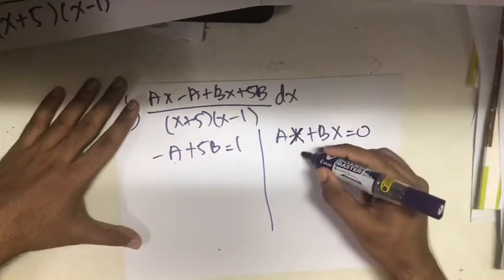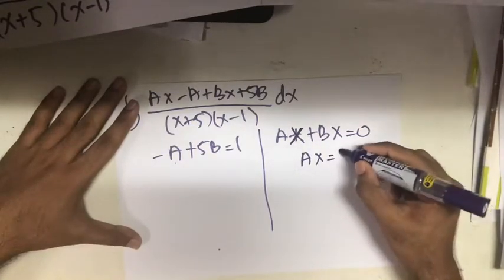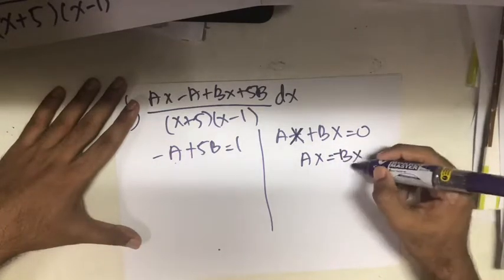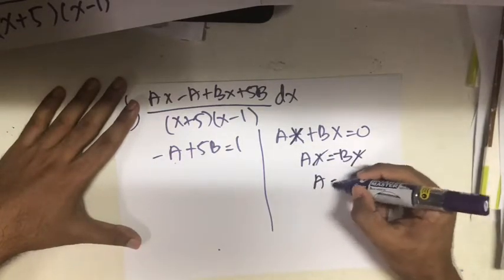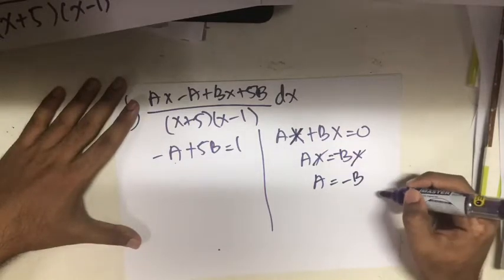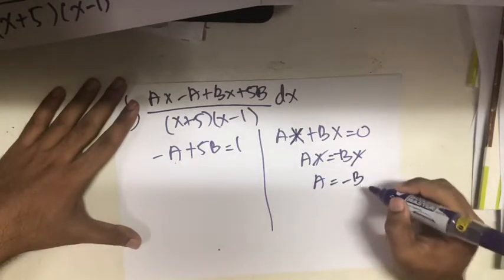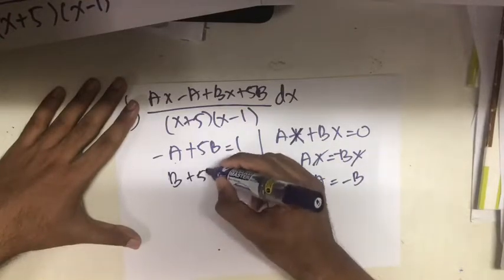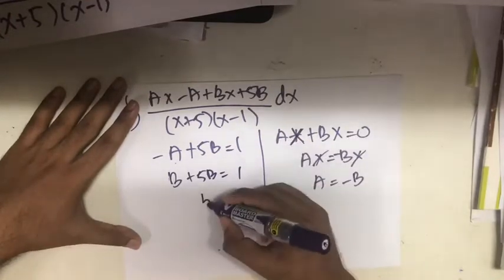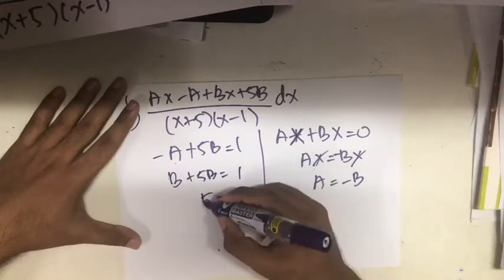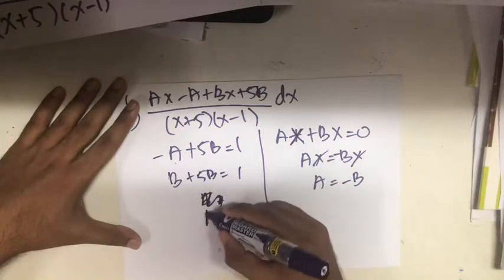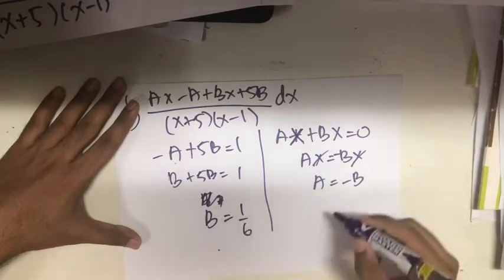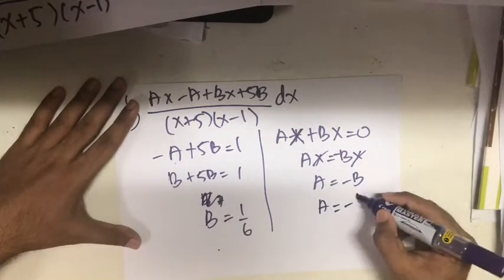So for this part here, divide both sides by x, so it's going to be negative b. Okay, so just substitute this negative b into a, so we're going to get positive b. So it's going to be 1 over 6. If b is 1 over 6, then a is going to be negative 1 over 6.